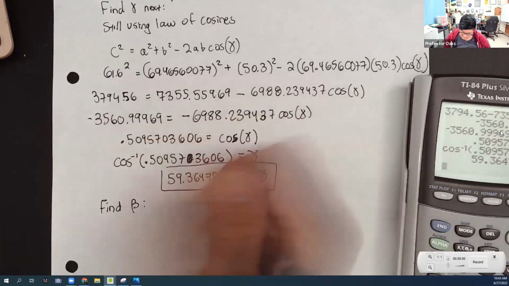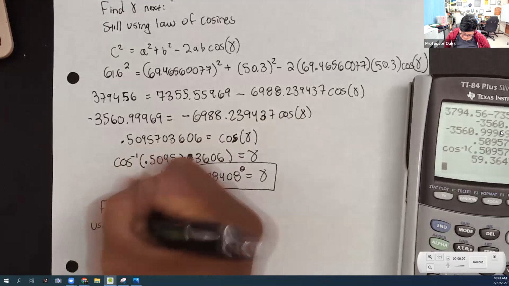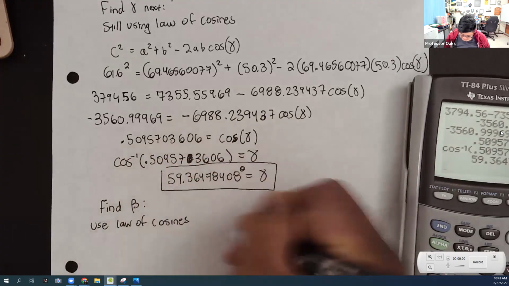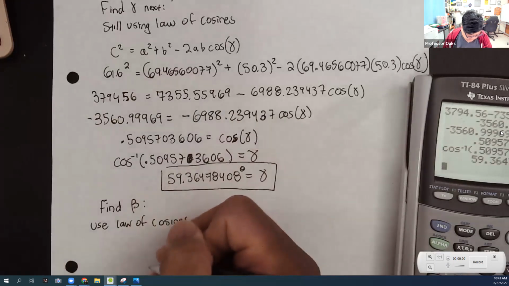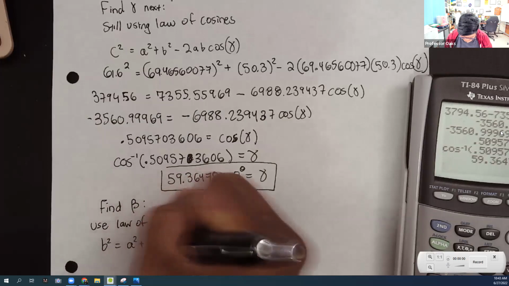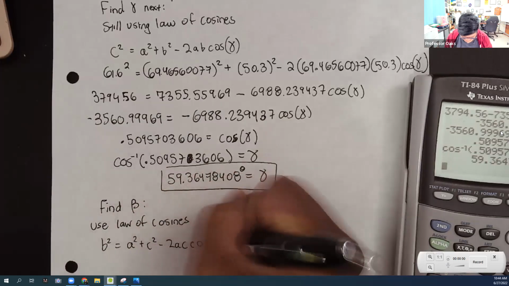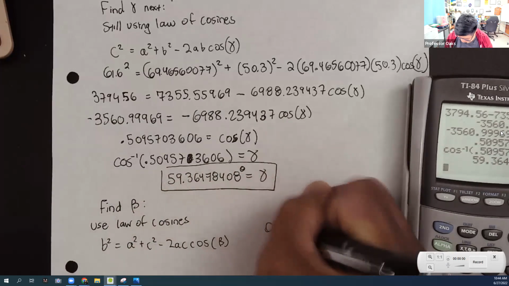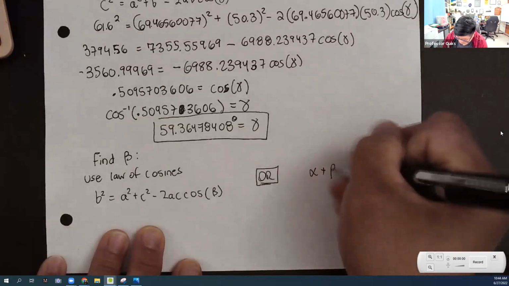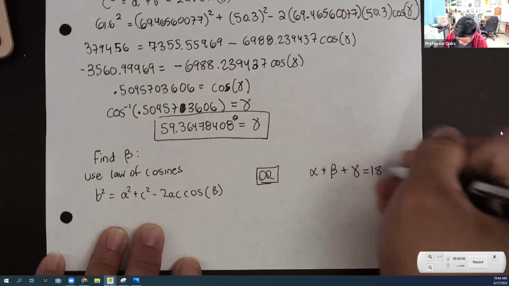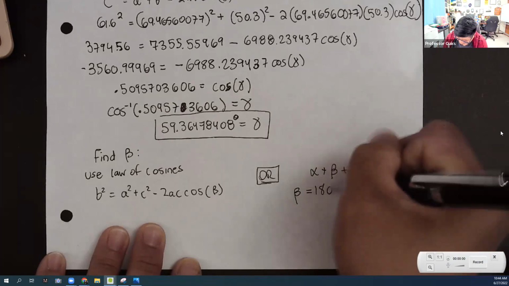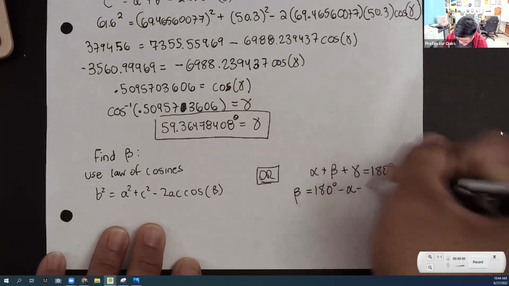You can either use the law of cosines and say that b squared equals a squared plus c squared minus 2ac cosine of beta, or you can just say that alpha plus beta plus gamma is 180 degrees. So then beta is 180 degrees minus alpha minus gamma.